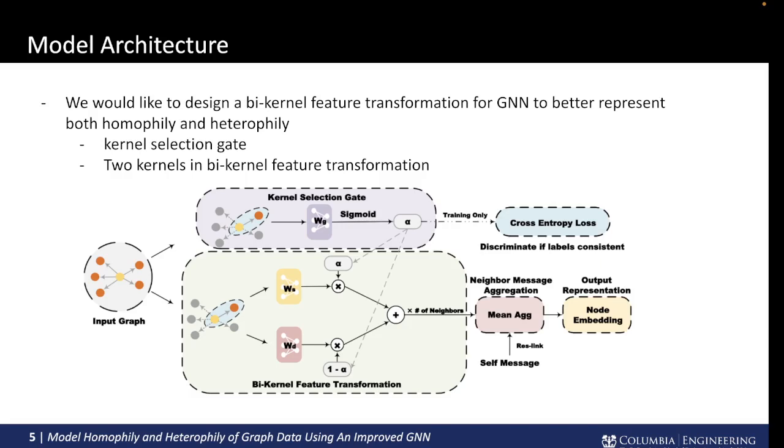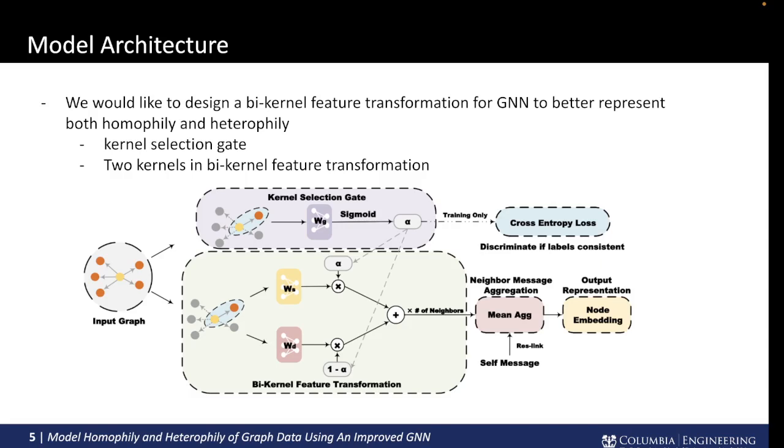One kernel cannot model the similarity and dissimilarity between node features at a time. To solve this problem, we designed a novel GNN model based on a bikernel feature transformation and a selection gate. Two kernels capture homophily and heterophily information respectively, and the gate is introduced to select which kernel we should use for the given node pairs.